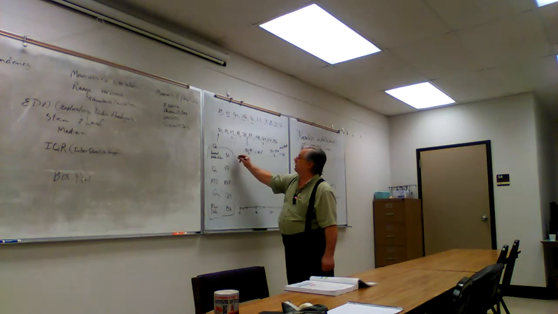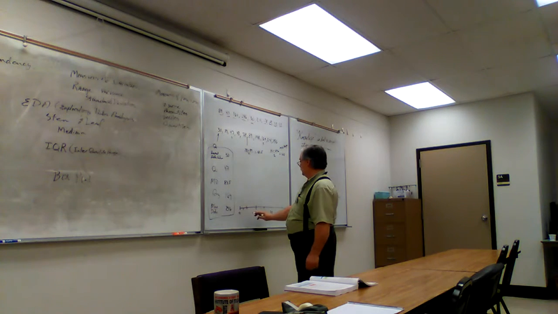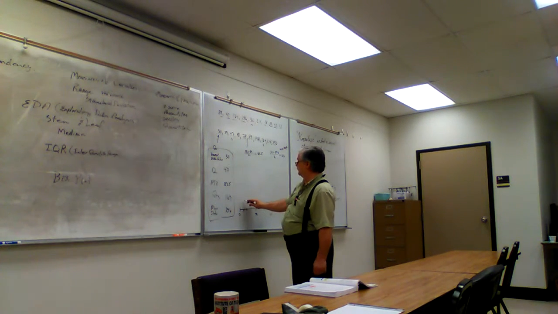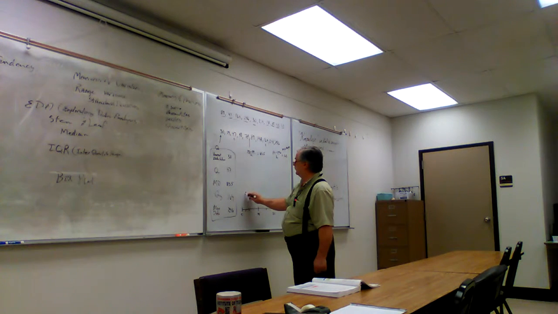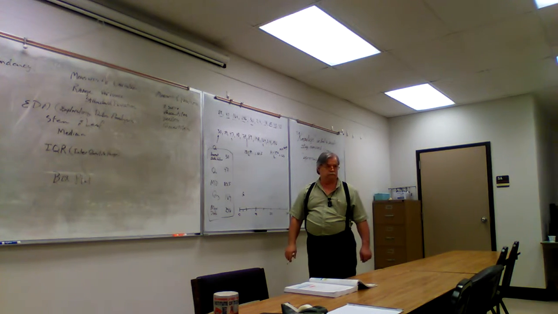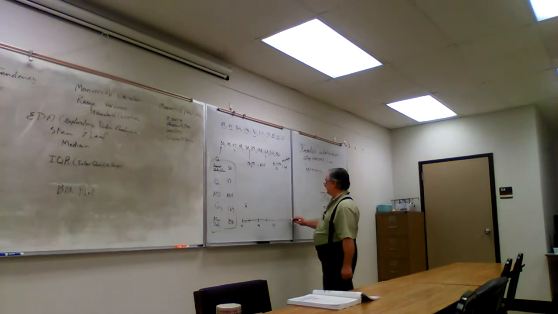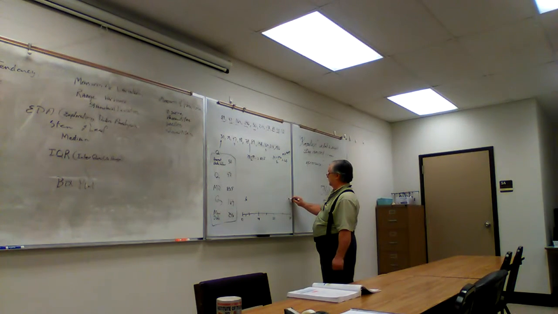Where is our low point? 30. So that's 50, that's 25, it's going to be about right here. That's our lowest data in the set. Our highest data in the set is 296. That's going to be about right here.